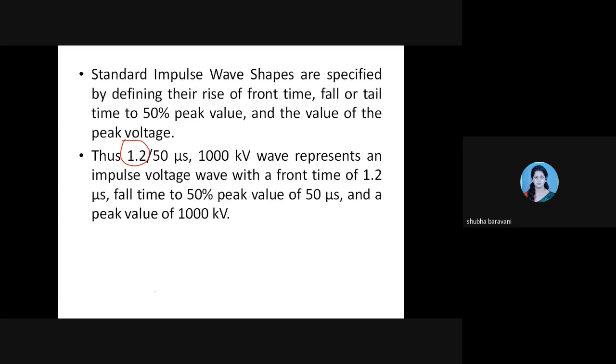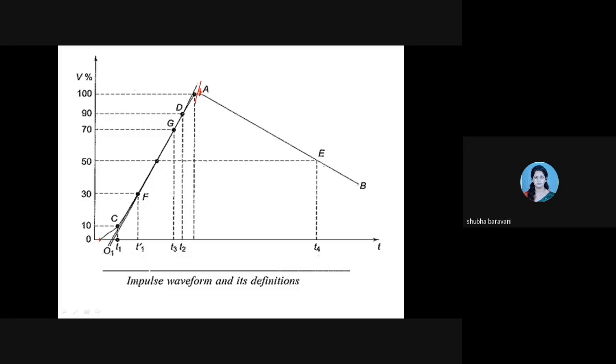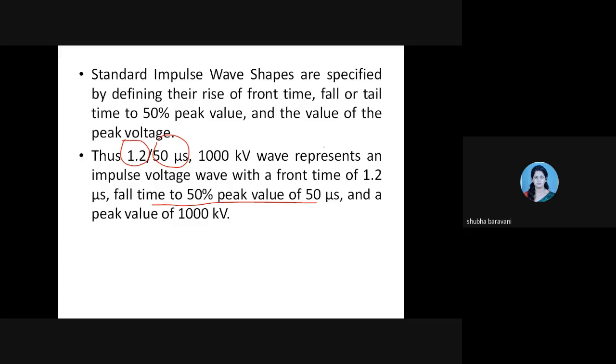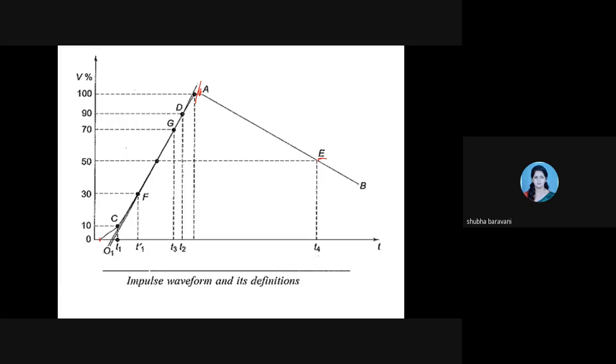Next is the fall time, which is the time to 50% of peak value, from here to point E. And the magnitude, the maximum value of the voltage, which is 1000 kilovolts. So a standard impulse wave is specified according to BIS standards to be a 1.2 by 50 microsecond wave. Is that understood up till here? Yes, ma'am.